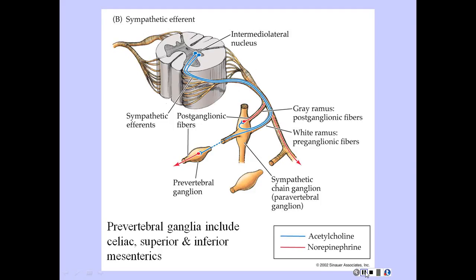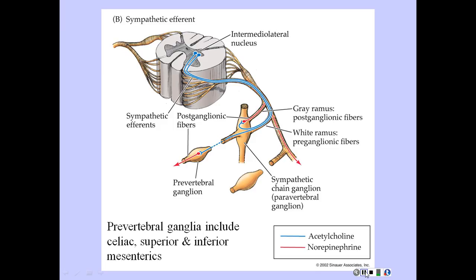And that preganglionic axon synapses, forms a contact with that postganglionic neuron, and then it sends its axons out there peripherally. So that's option one.